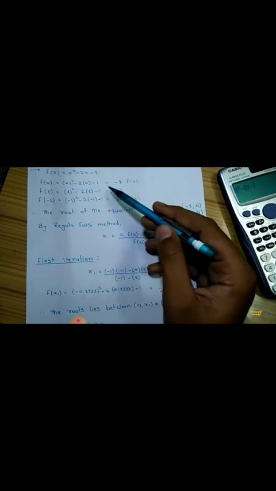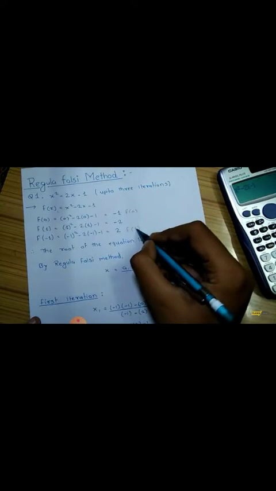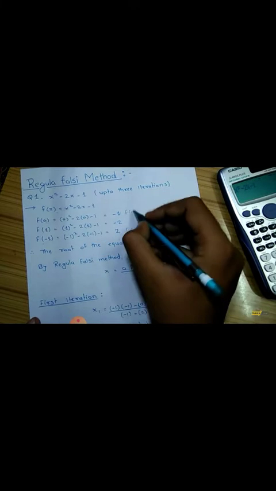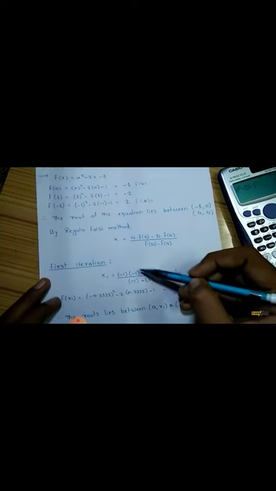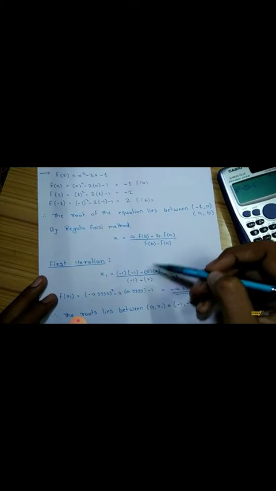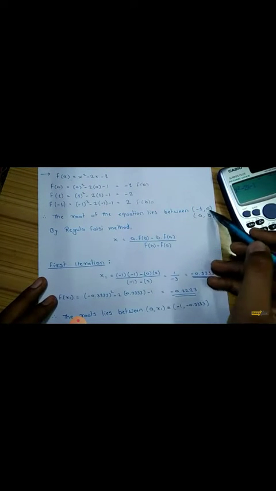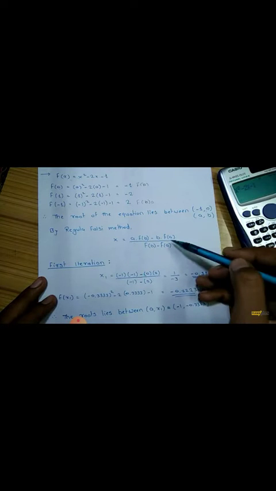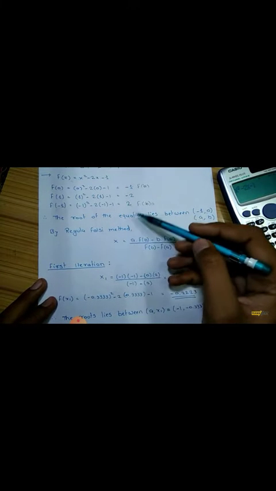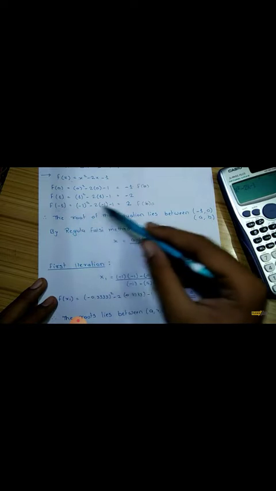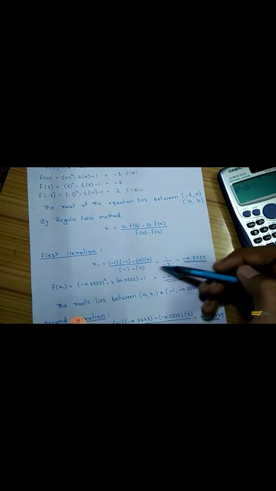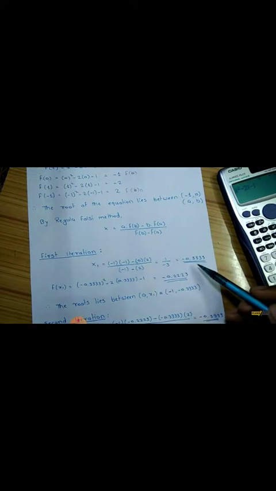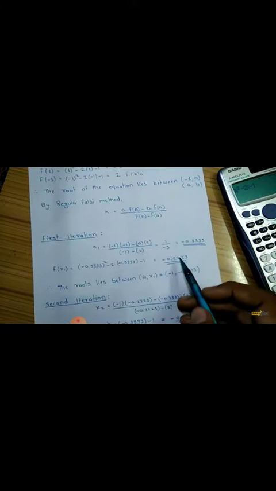So putting all these values in the equation (a f(b) minus b f(a)) upon (f(b) minus f(a)), and after solving we get this value in fraction form as -1 upon 3, or in decimal form, -1 divided by 3 becomes -0.3333.